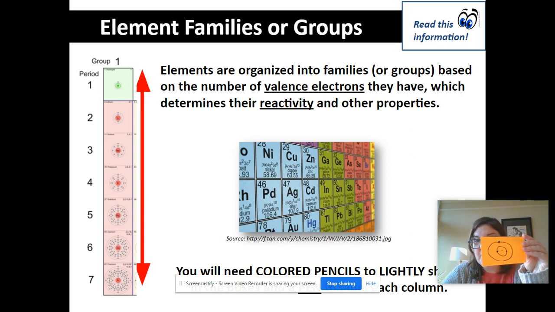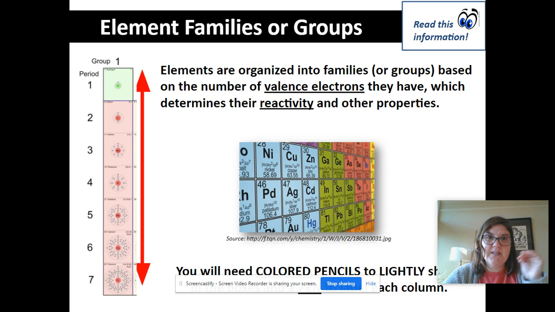But you can see lithium only has 1. It wants at least 7 more to be complete, right? To be whole. So everything in family 1 is going to be highly reactive because it needs more electrons. So it's going to do that by bonding with other elements on the table to share electrons, steal electrons, sometimes even give electrons away, so that they can have that shell balanced.